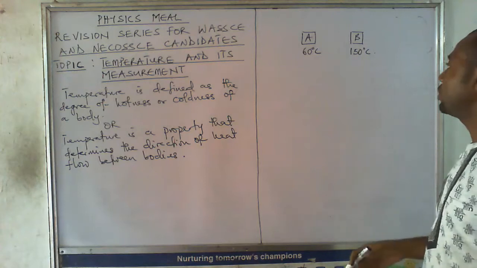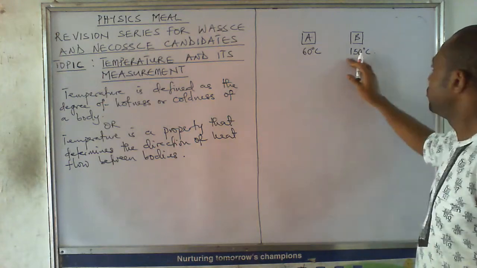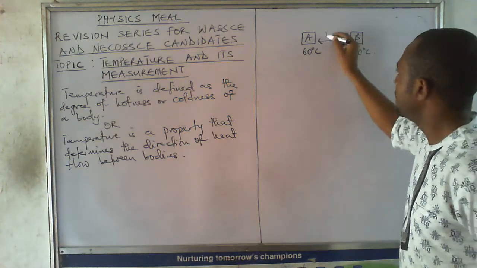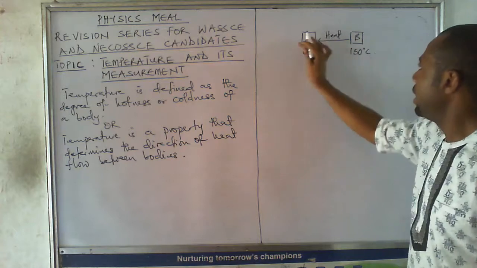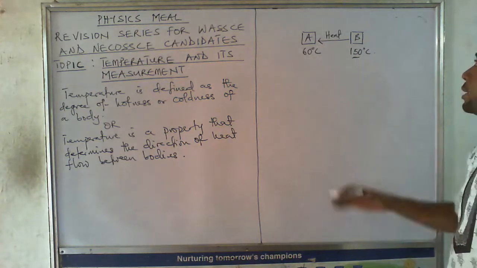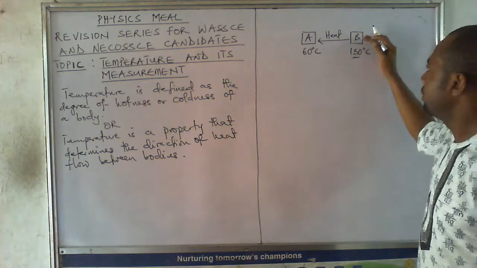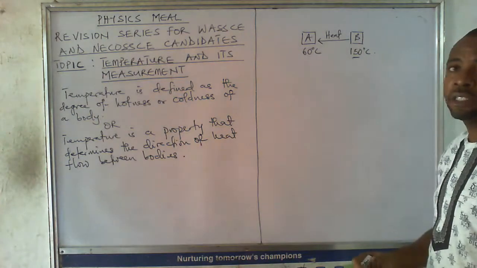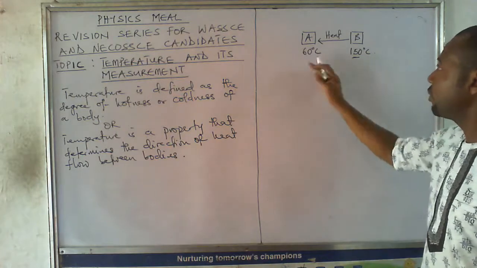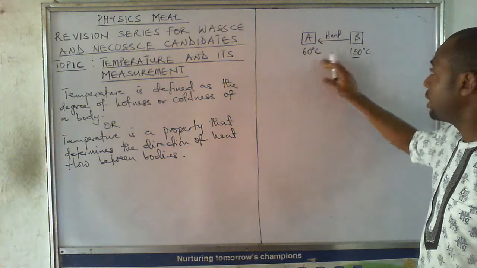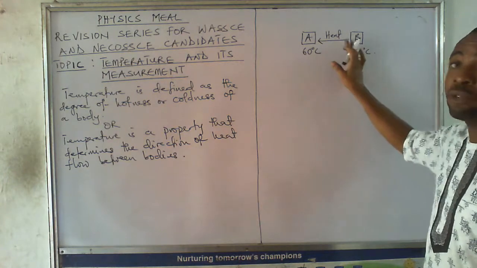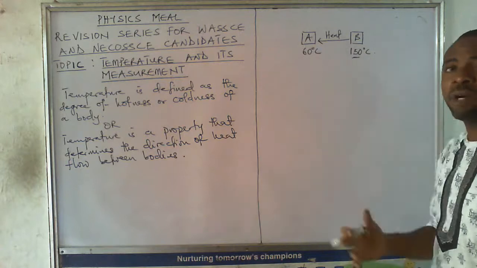So if this body A is 60 degrees and this one B is 150 degrees centigrade or Celsius, that's one of the scales we are going to consider, then heat will flow from B to what? A, because B is of a higher what? Temperature. So the temperature has now shown us the direction that heat is supposed to flow. From the knowledge of the temperature, we now know that in this particular system, heat will not flow from A to B. Rather, heat will flow from B to A. And somebody will ask why?